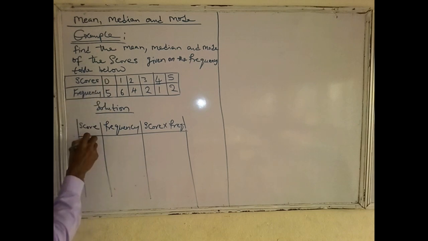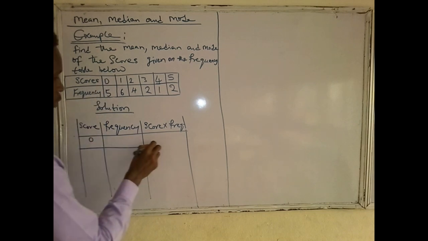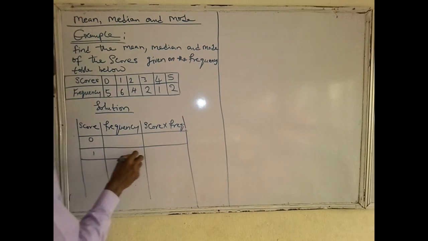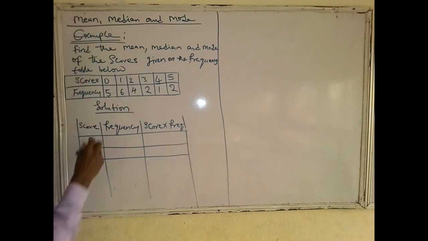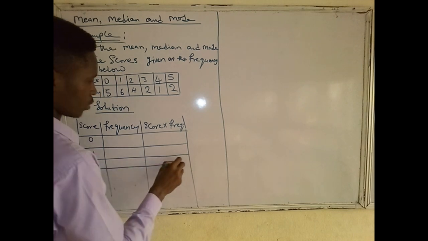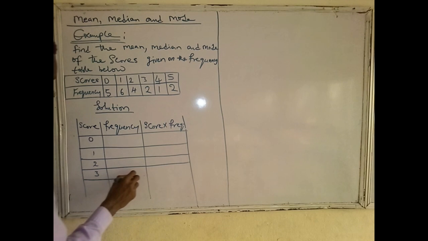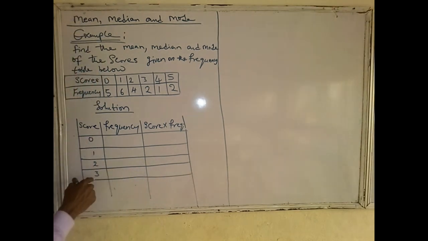So the first score there is 0. The second is 1. The third is 2. The fourth is 3. The fifth is 4.